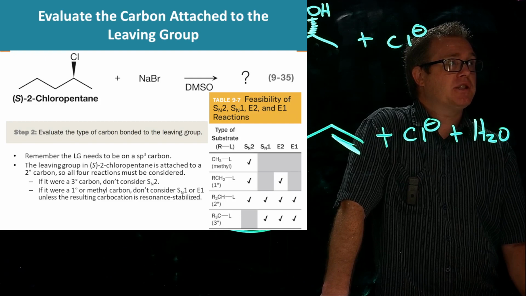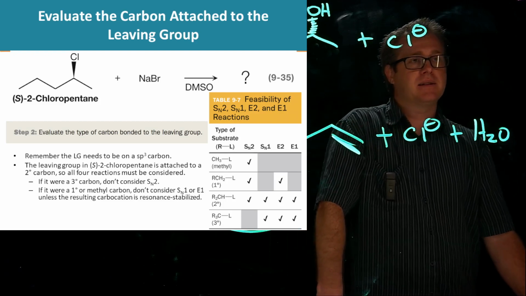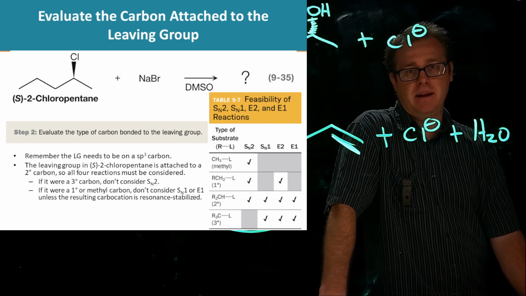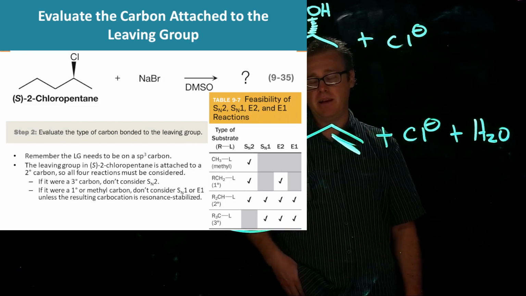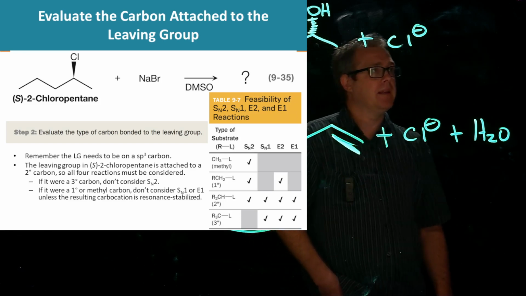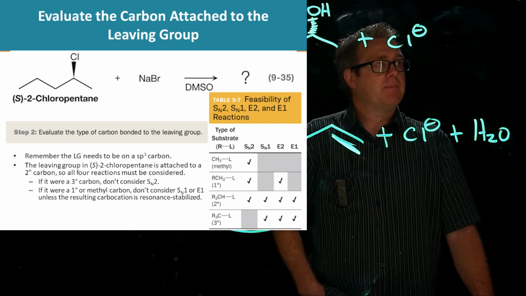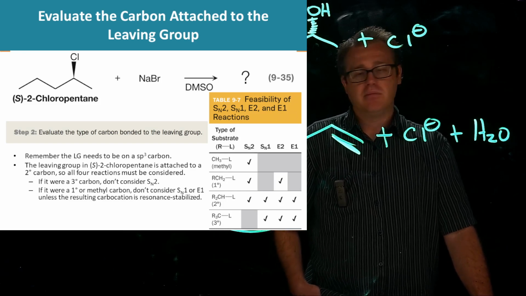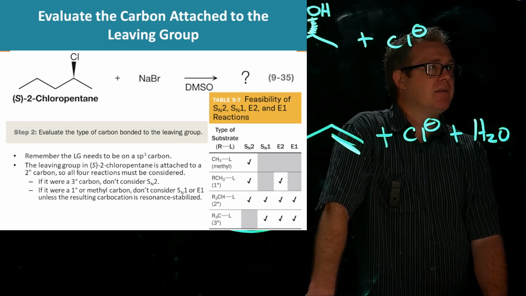We also have to make sure that the leaving group that we've identified in step 1 is attached to a sp3 hybridized carbon. That is critical, sp3. Okay? So that's step 2. Now that PowerPoint slide is just reminding you of the different types of alkyl halides here. Okay?